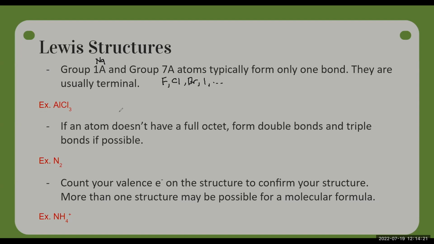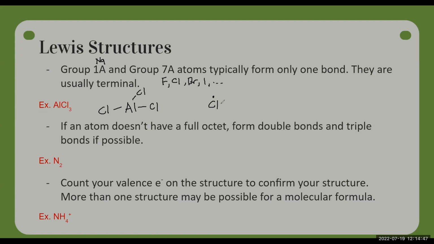So if you look at aluminum chloride, for example, we can see that aluminum is going to have a connectivity that looks something like this. And why is that? That's because if we were to draw the Lewis dot structure of chlorine, it looks like this.